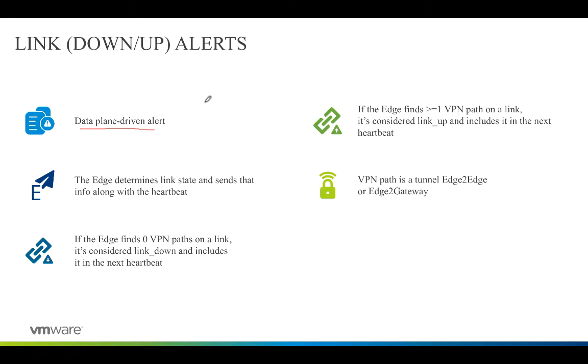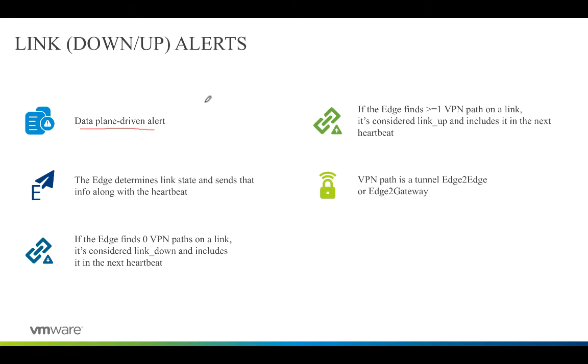Now, how do we determine if the link is up or down? Let's go back to the basics again. WAN links always create those overlays from the edge device to the gateway, from the edge device to another edge device site, or edge device to the hub device. Now, let's say on an edge device you have link 1 and link 2. Each link will create those overlays.